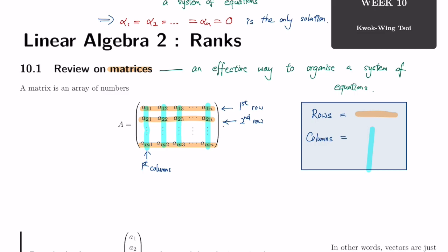Moreover, in this case, we call A an m by n matrix. Why? Because m is the number of rows of A. If you count carefully, 1, 2, all the way until m, so you have m rows.